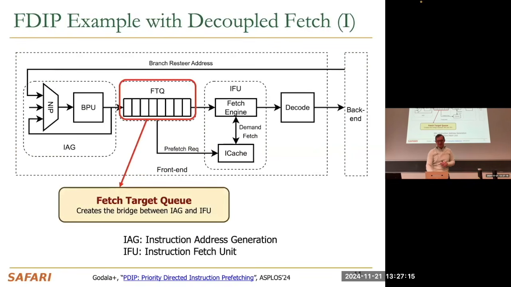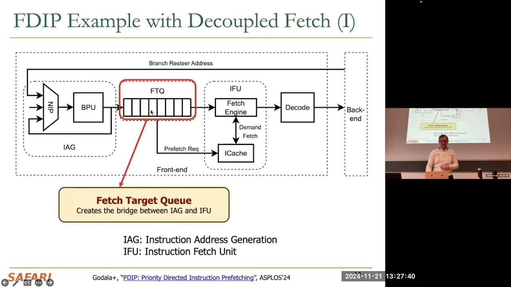Okay, so this is an example. Probably a picture is worth 1,000 words over here. Here, there's a fetch target queue. This is one example implementation. It's not the only example. I think there may be better implementations, actually. This is from a recent paper that talks about it. Essentially, you have a fetch target queue. It creates a bridge between the instruction address generation unit and the instruction fetch unit.